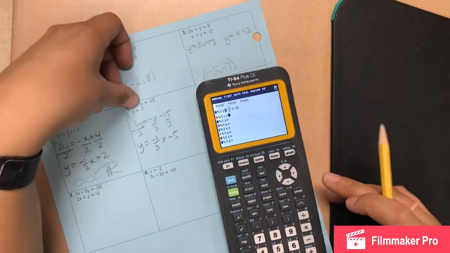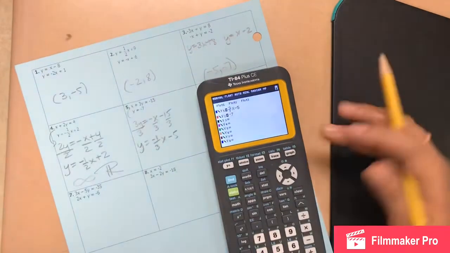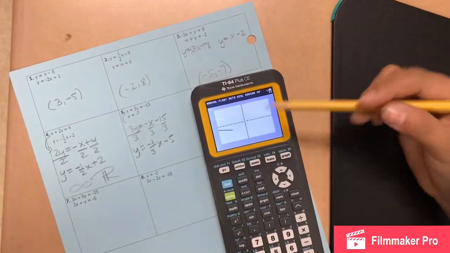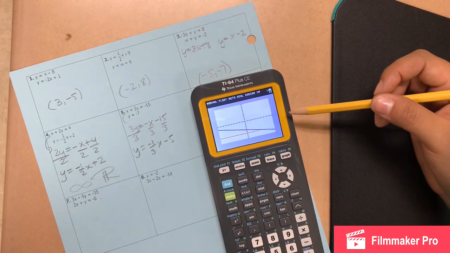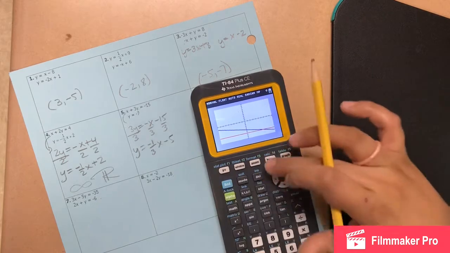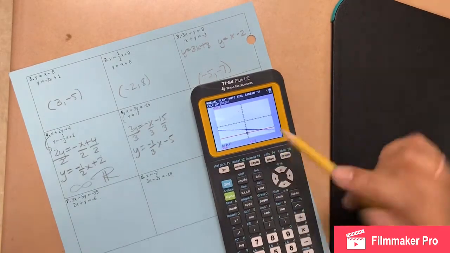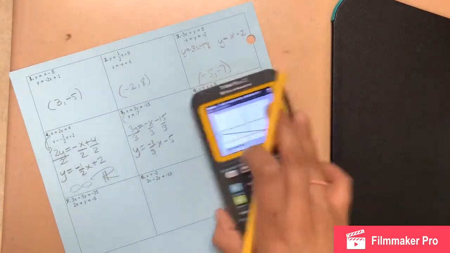The second one was just negative 7. If I hit graph, let it load, there's my blue line. There's the second. It's just a horizontal line. Then I do second, trace 5, enter, enter, enter. My point of intersection is 6, negative 7.